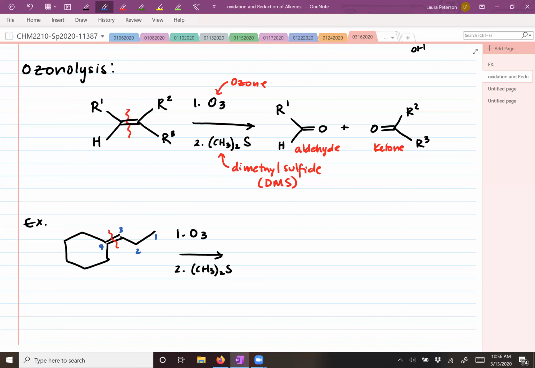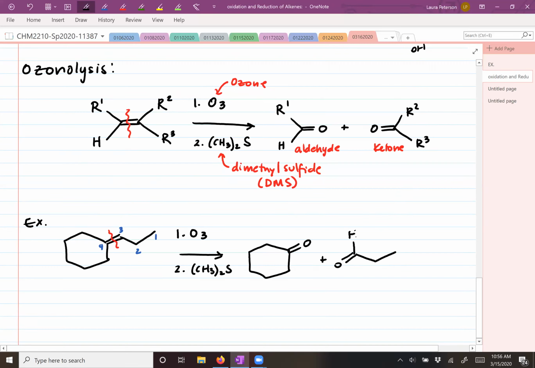Hopefully the answer you came up with was 1 ketone and 1 aldehyde. So carbon 4 will end up as this cyclohexanone, this ketone, and then carbon 3 ends up as this aldehyde. And I'll try to draw them so that the carbons are in the same orientation they were in the starting material. Okay, so there's one example.